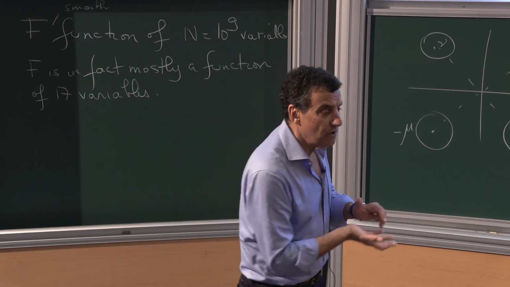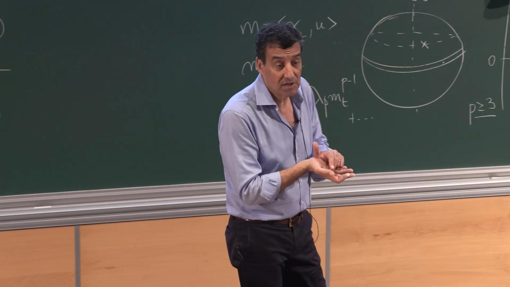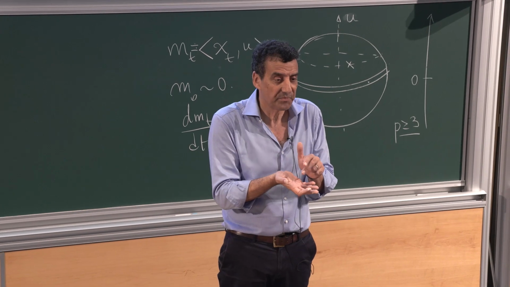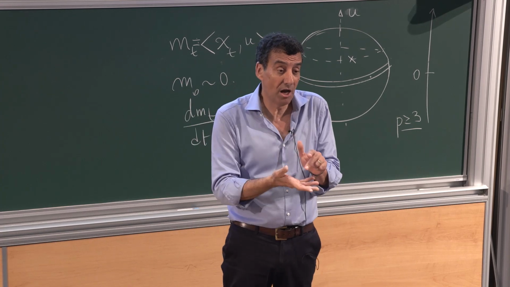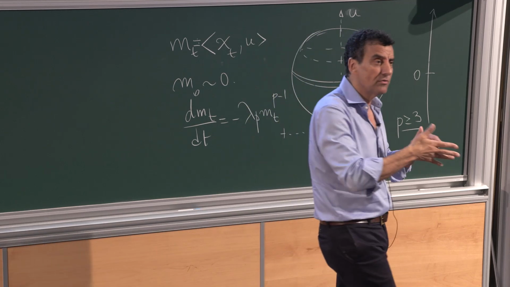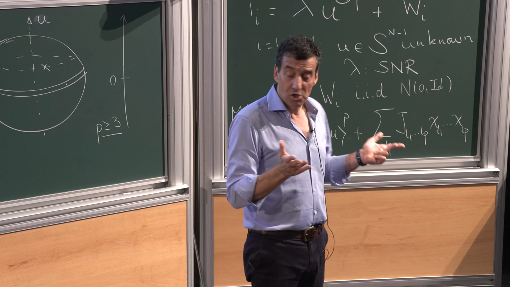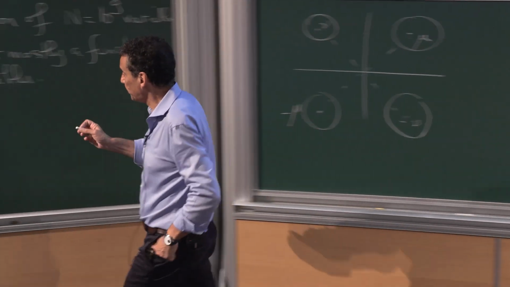You have 10 to the 9 minus 17 directions which are flat, where these eigenvalues should be smallish, smallish with respect to the others, of course. They can be large, but not as large as the curved directions. So you have 17 directions which are curved, where the eigenvalues should come out of this. So spectrally, you look at the spectrum of the Hessian. That's simple.